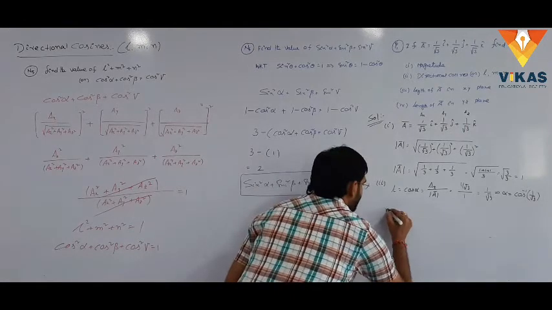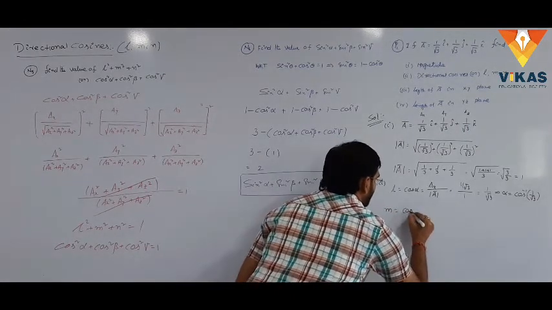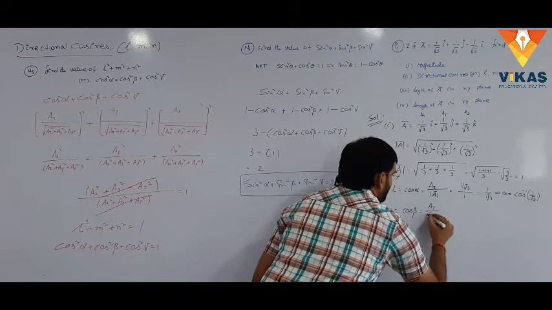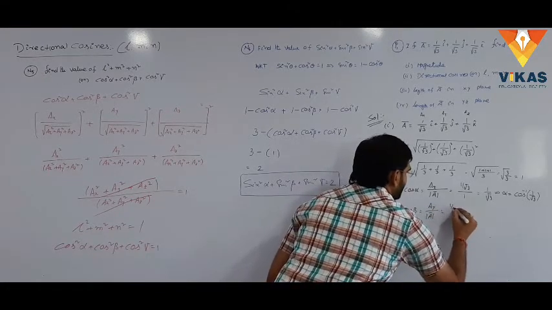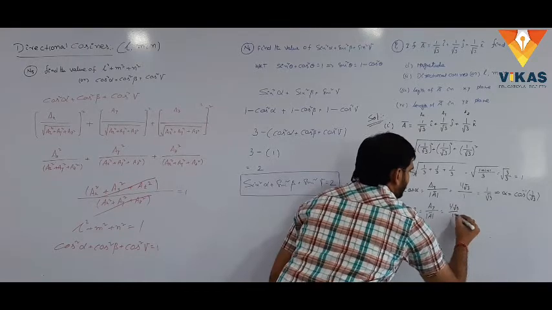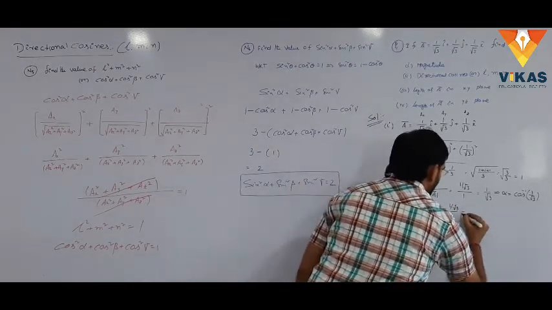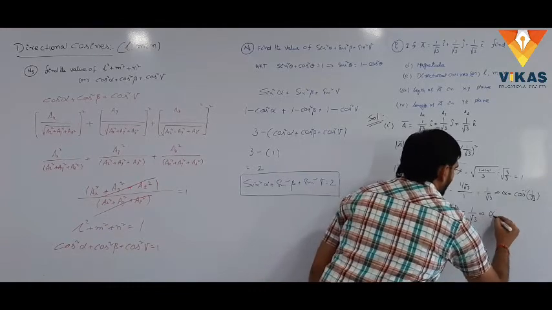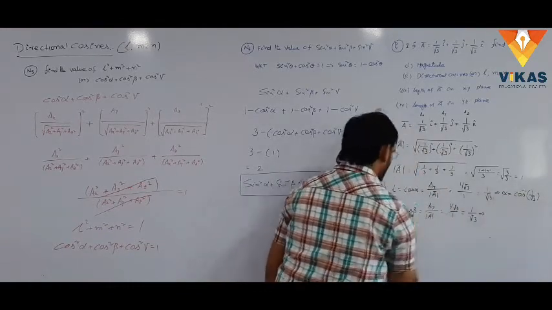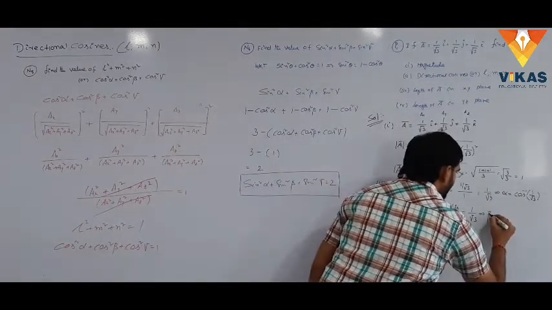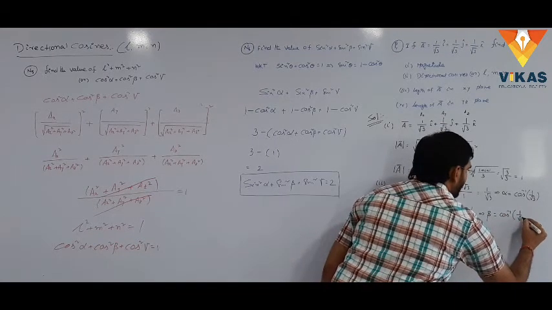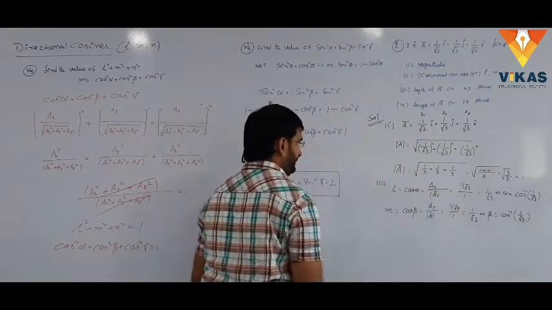The second directional cosine is m, that is cos beta, Ay by a bar modulus. Ay is also 1 by root 3, by a bar modulus is 1. It is nothing but 1 by root 3. Simply cos beta equal to 1 by root 3. Therefore, beta equal to cos inverse of 1 by root 3.